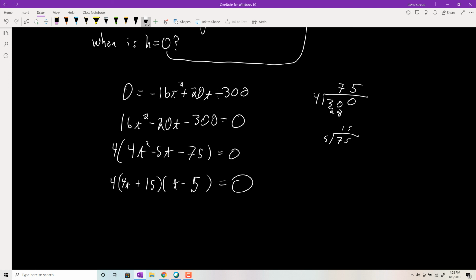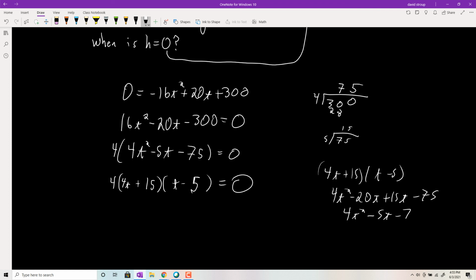Just make sure that works once you get the factorization: 4t plus 15 and t minus 5. So 4t squared first, outer minus 20t, inner plus 15t, last minus 75. That's 4t squared minus 5t minus 75, and that worked.